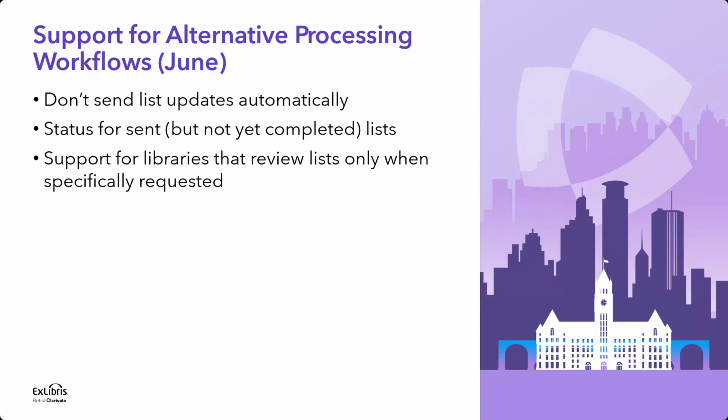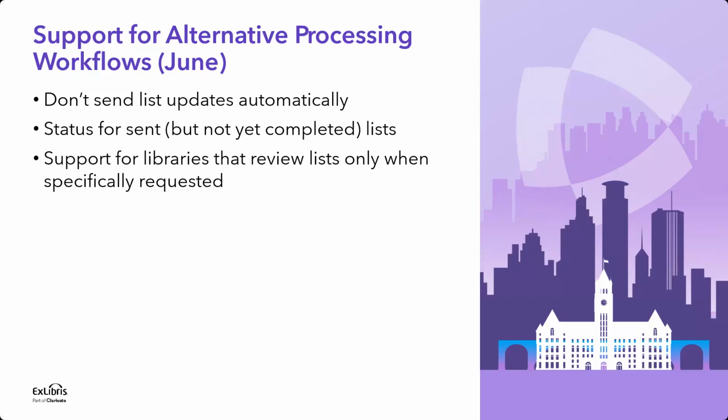And the last one on the list is that we heard from some of you that you sometimes have a workflow where instructors publish the list, and if they want additional support from the library, they also send it to the library. So the library doesn't look at lists, or does a different review process, if the list is sent compared to if it is only published.